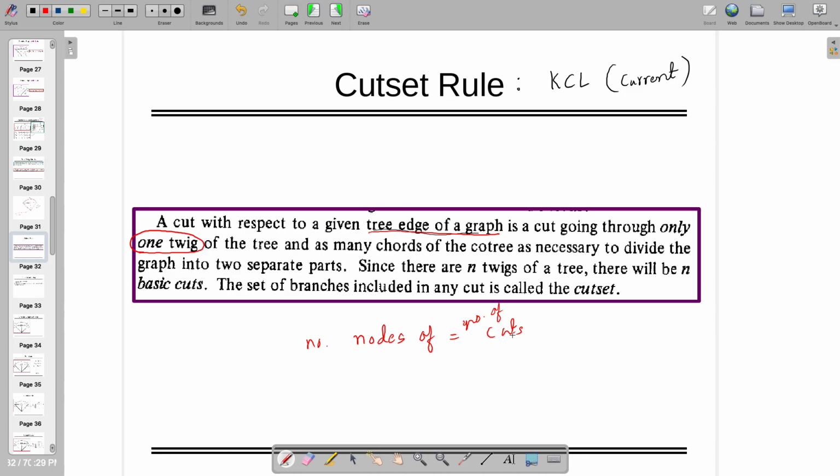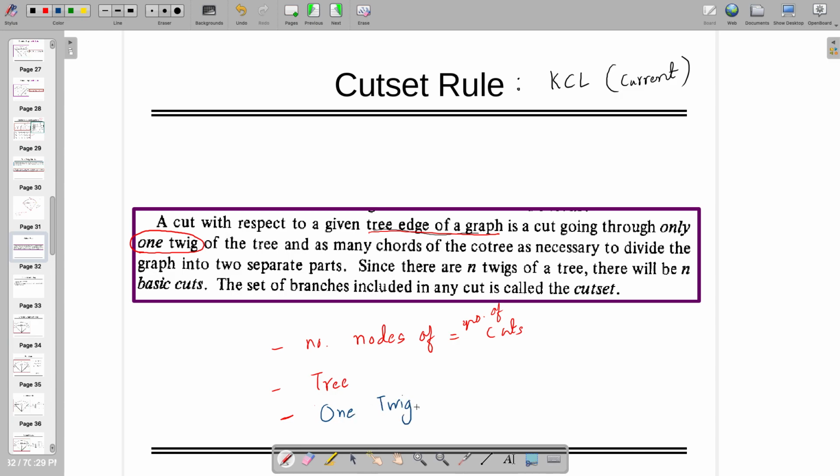When you are doing this, we should make sure that it will be for a defined tree. Might be one guy is choosing one tree and another guy is choosing another tree. So in the cut set equations you will have different answers, but as you get the final answer in terms of transfer function, you will have the same answer. So your path might be different, but your answer will be the same. When you are doing this, you should have only and only one twig.